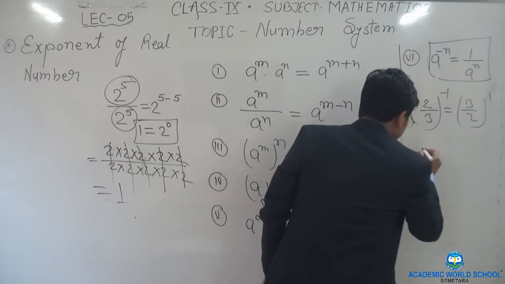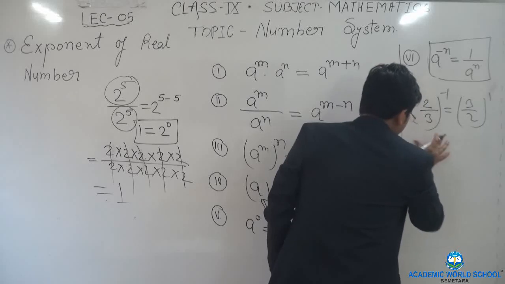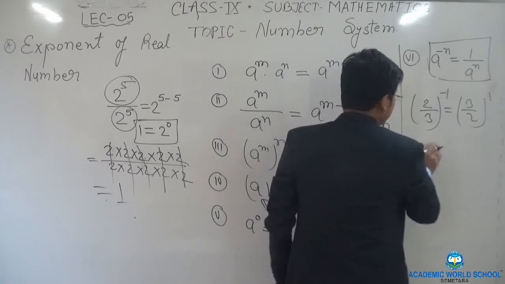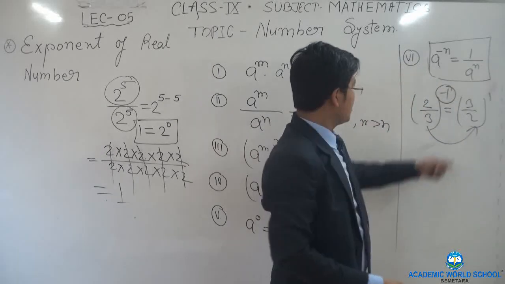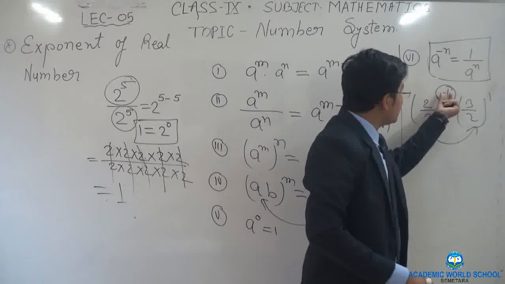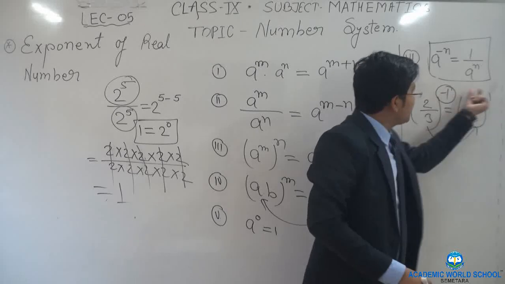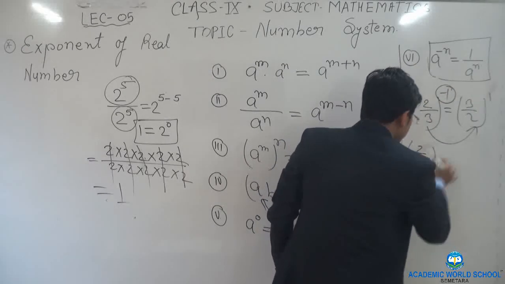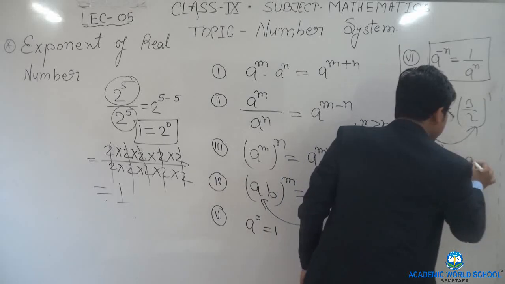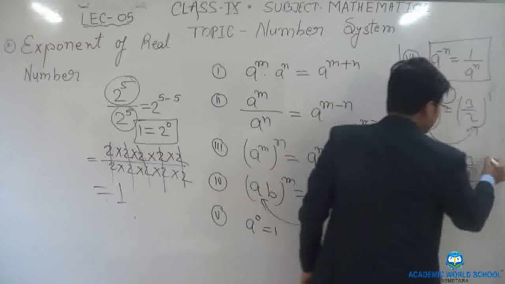If I am writing 3 upon 5, anything, and I am getting a negative power, make it reciprocal and interchange this power with a positive sign. So if I am writing 2 upon 3 to the power -2, it means I am writing 3 upon 2 to the power 2.